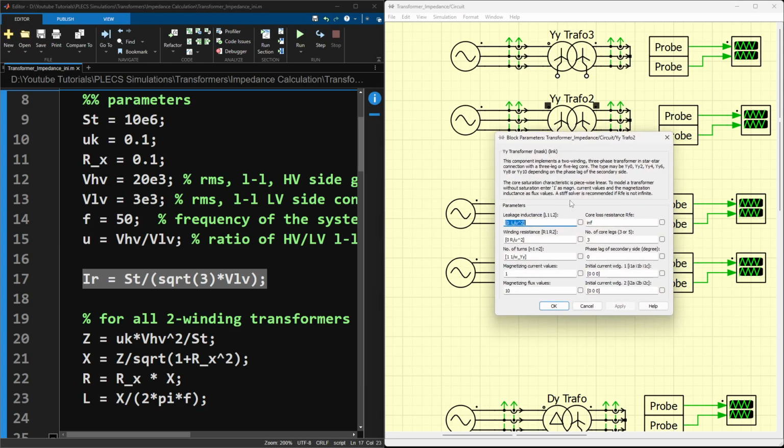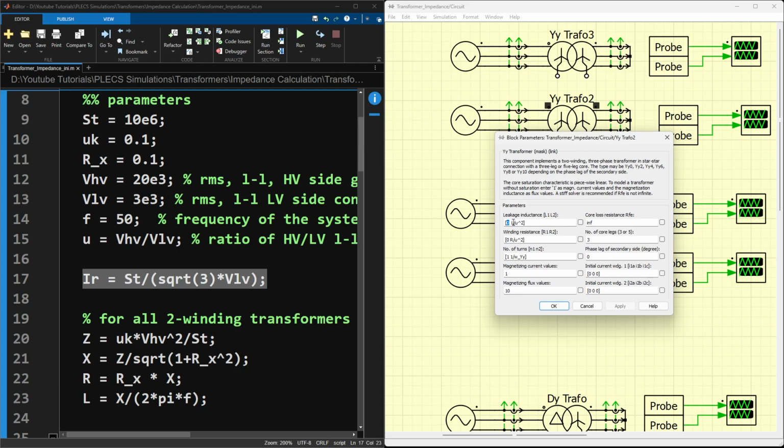Now from the same configuration, there is another option. We can specify 0 impedance on the primary side and then transfer the whole impedance to the secondary side. In that case, we have to use the factor of U squared.